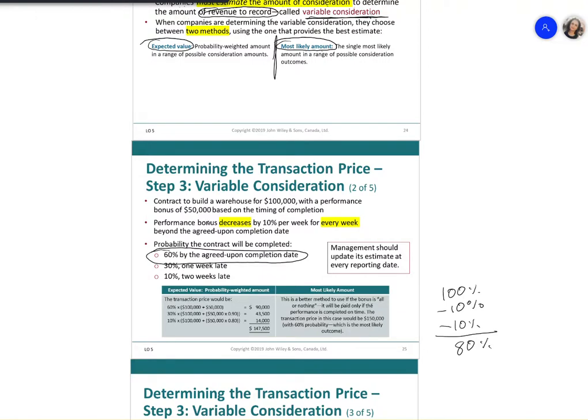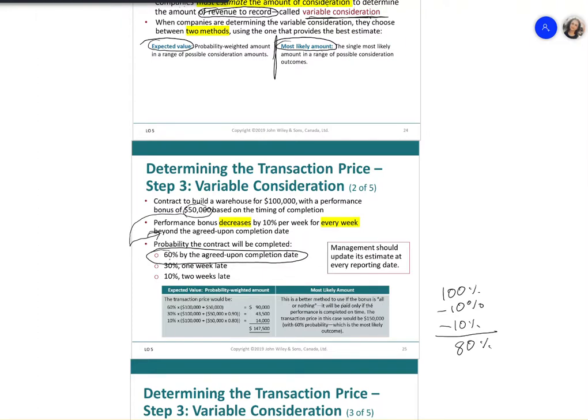So in this case, if they told us that we're going to get 100,000 plus the 50,000 bonus, and the 50,000 bonus is dependent on when we complete it, and we either get the bonus if we complete it on time, or we're not going to get anything, then this method would be better suited for the situation.